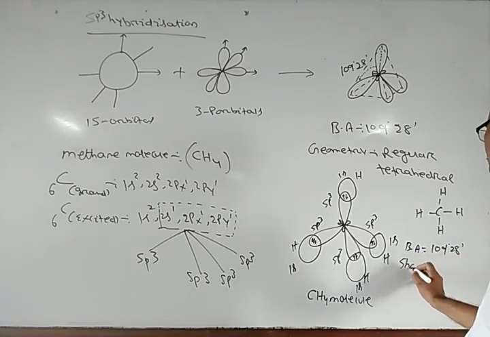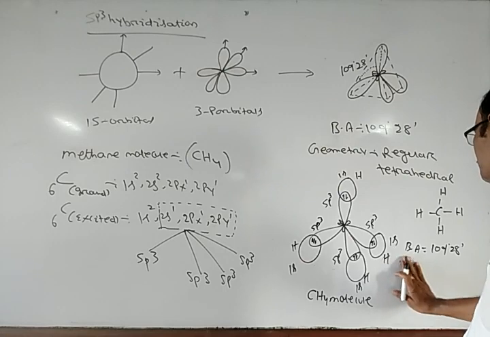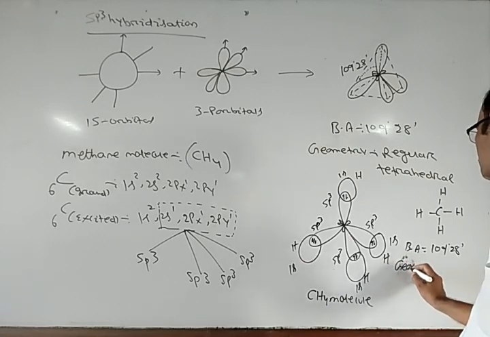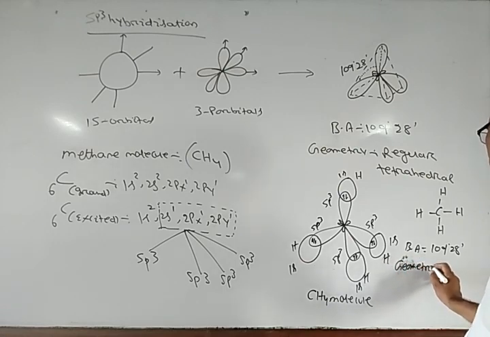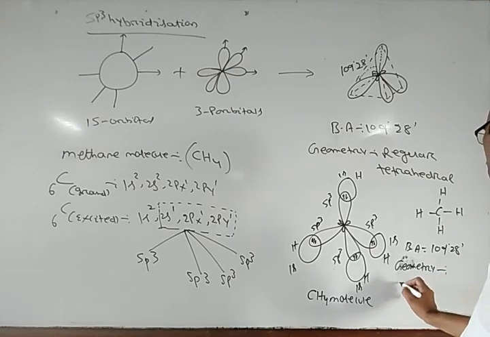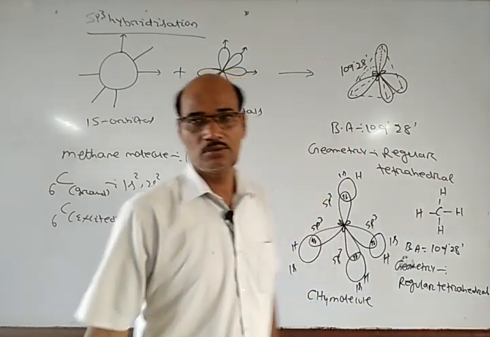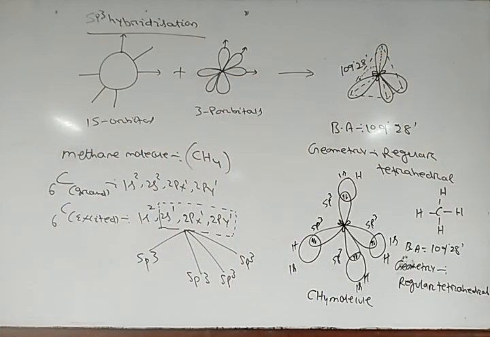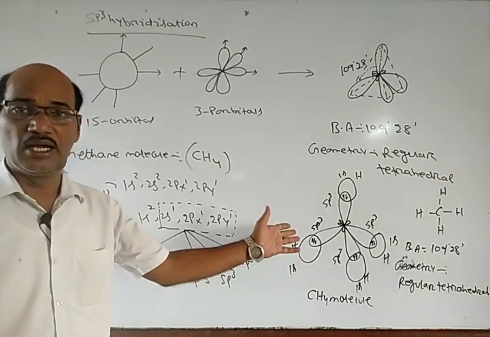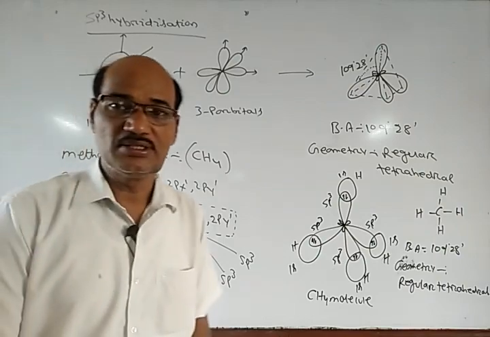The shape, or geometry, is regular tetrahedral. So this is how the methane molecule is formed as a result of sp3 hybridization.